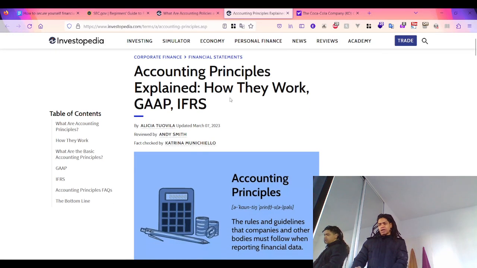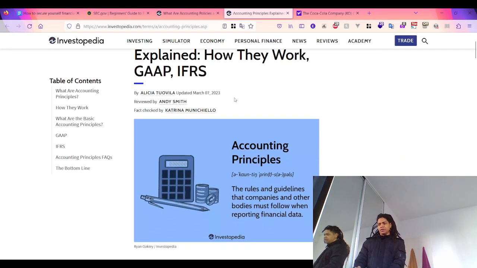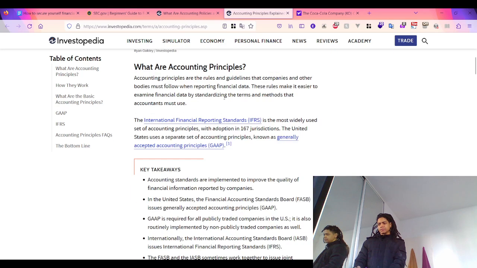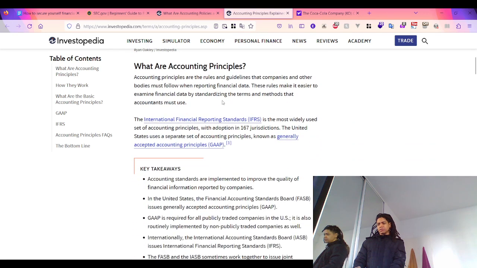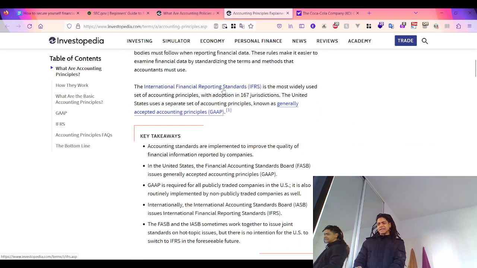Accounting principles, how they work: GAAP and IFRS. Accounting principles are the rules and guidelines that companies and other bodies must follow when reporting financial data. International Financial Reporting Standards is the most widely used set of accounting principles, with adoption in 176 jurisdictions.